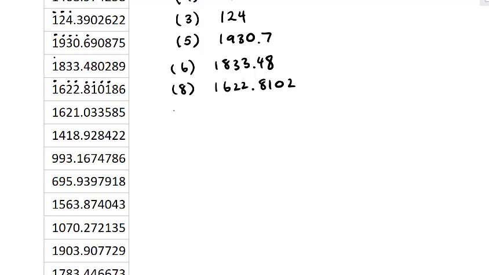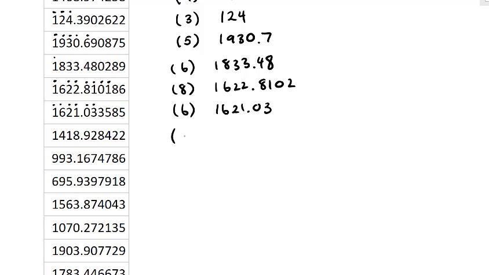Okay, let's go to 6 significant figures, so 1, 2, 3, 4, 5, 6. You round based on this one, so 1621.03.